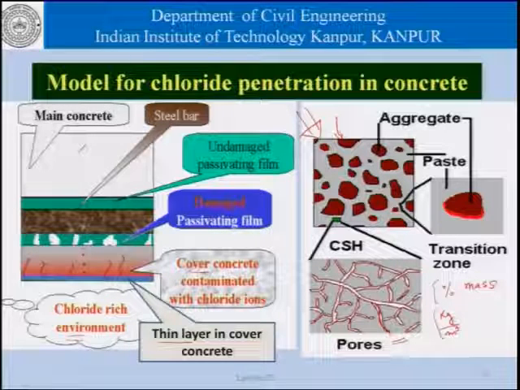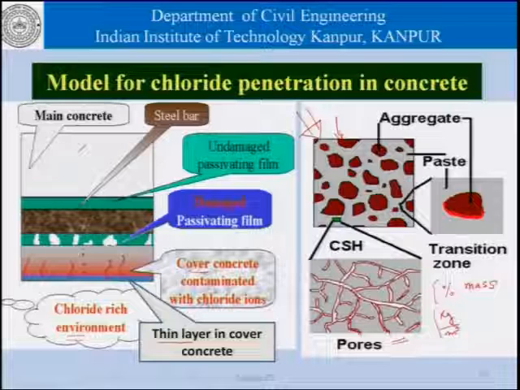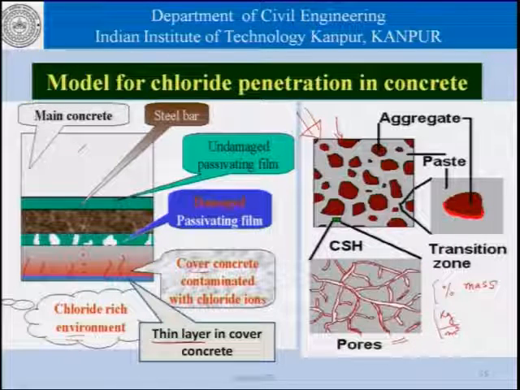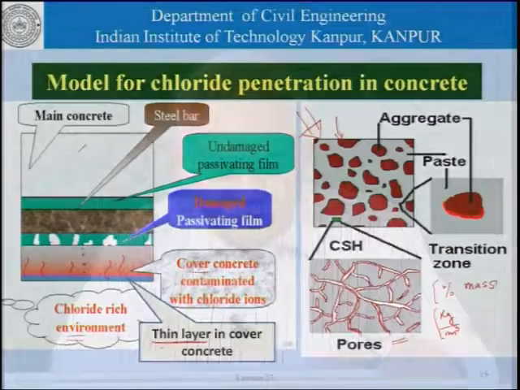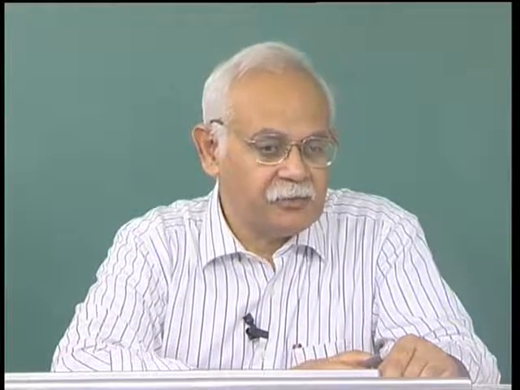and some of these pores need not be connected, and therefore, they will not contribute to the ingress of chloride ions into the concrete, but basically the chloride ions move through these pore spaces and move inside, and this thin layer has a similar structure. The chloride concentration in the thin layer should be in equilibrium with the chloride concentration in the chloride rich environment.